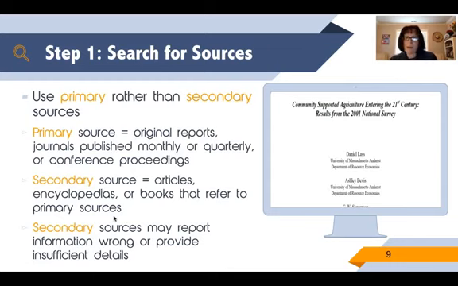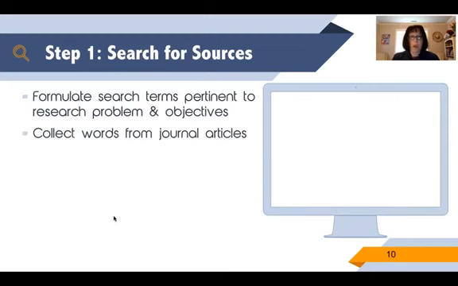Yes, it does take more time to find that primary source, but by reading it, interpreting it, and writing it in your own words, you're going to prevent any misinformation, misunderstanding, lack of detail, or plagiarism. And so I want you to focus on finding primary sources for your theoretical framework and review of literature. Now, how do you go about doing this?